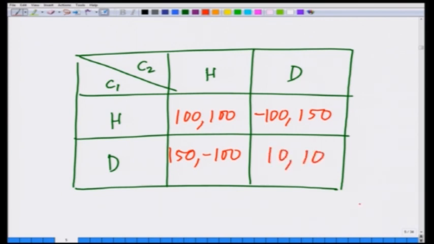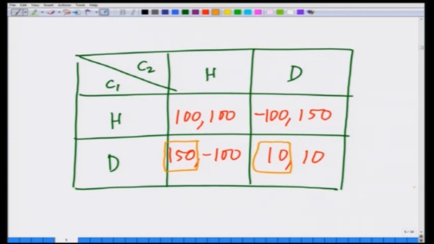Let us try to again look at the best response dynamic. If country 2 chooses to invest in health, then the best response of C1 is to choose defense. That is what we had seen. And similarly, if C2 chooses to invest in defense, the best response of C1 is to again choose defense.